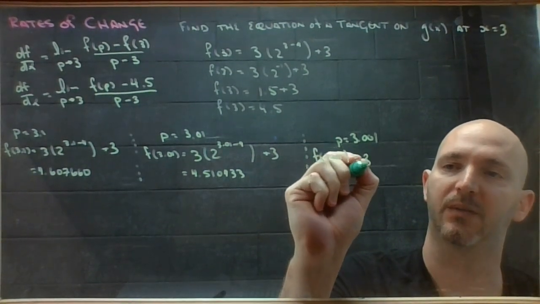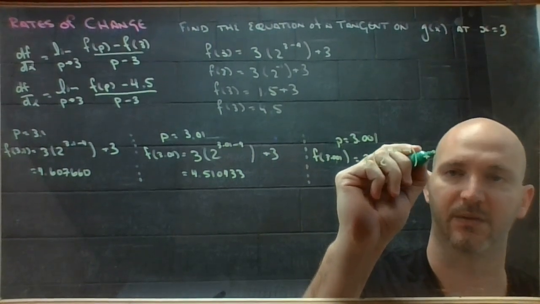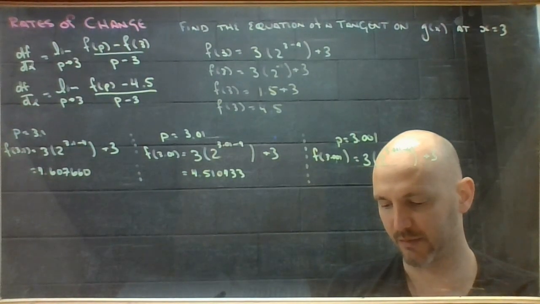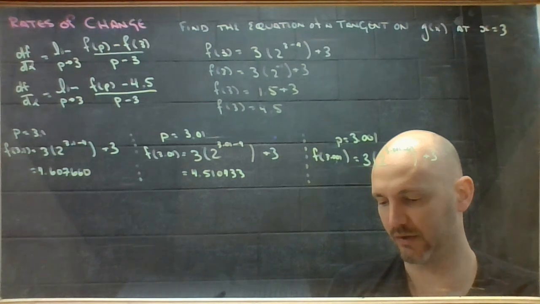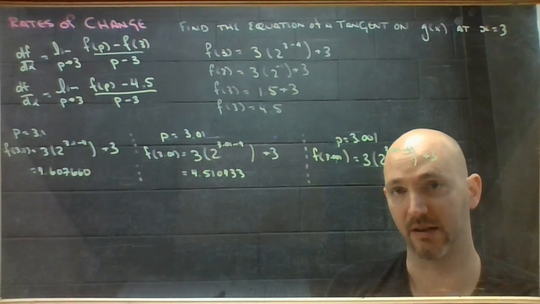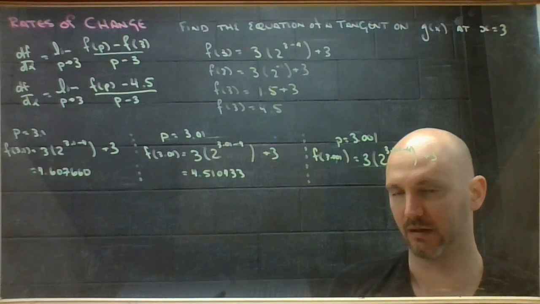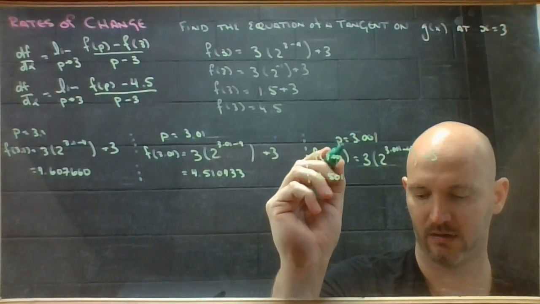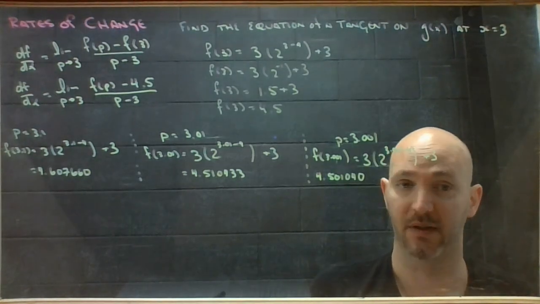There you go, which would be 3 times 2 to the 3.001 subtract 4 plus 3. 3.001 subtract 4 is negative 0.999. 2 to that exponent gives me 0.500346667 times 3 plus 3 gives me 4.501040, dot dot dot, but again 6 decimal places will probably do.